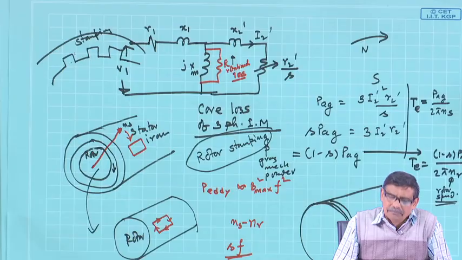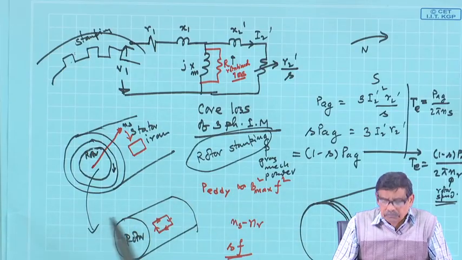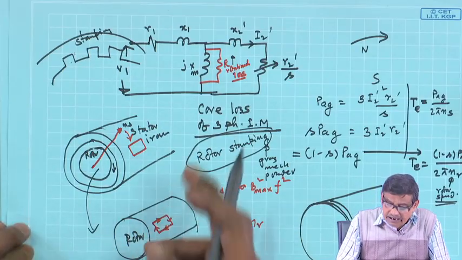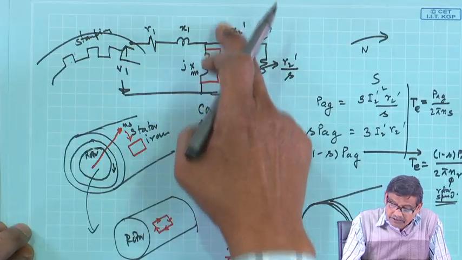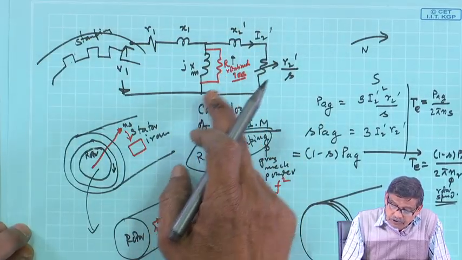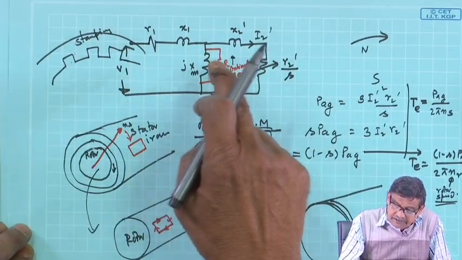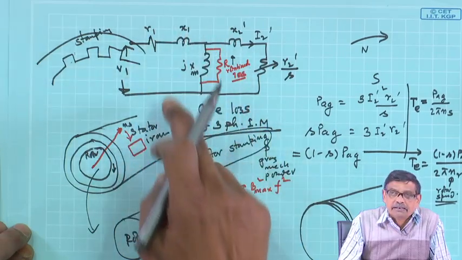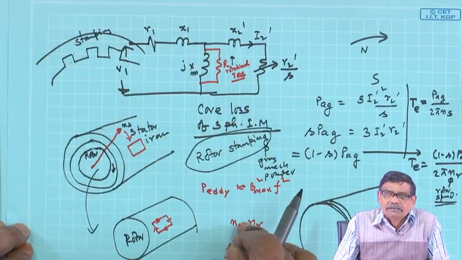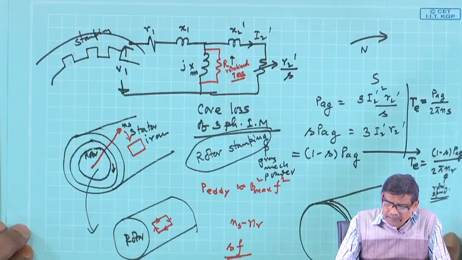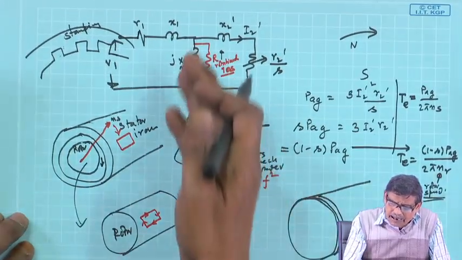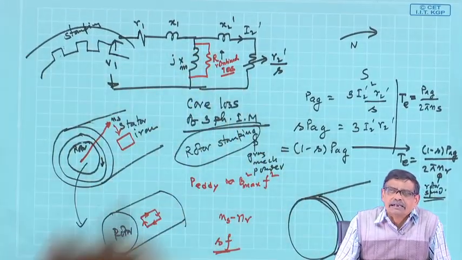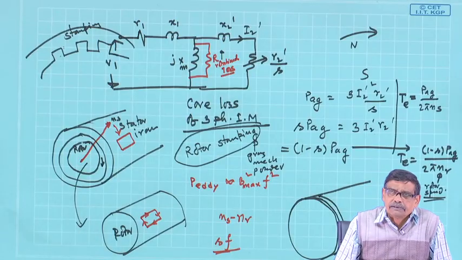It will become slightly more involved in calculations, because you have to calculate R Thevenin, which will be this resistance, this XM and this R1, jX1 in parallel. So, calculations will be slightly higher, but it is neglected, because what happens, magnetizing current is much higher than the core loss component of current.